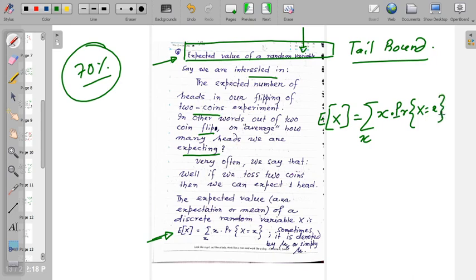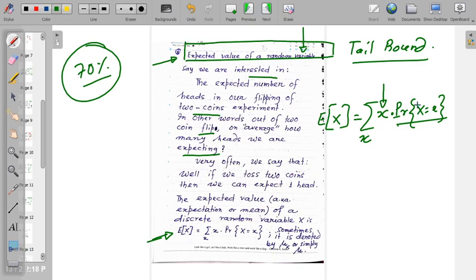How much weight we give to each value is decided by this probability. We are defining the expectation in this way for a discrete random variable.